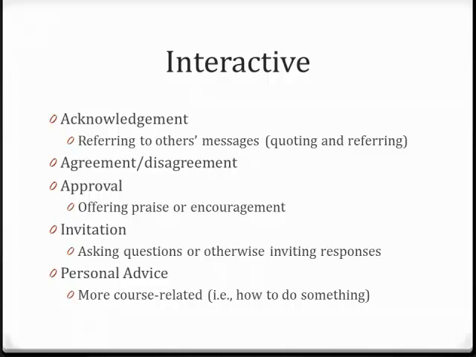This can also step outside of the course. You might give personal advice on how to do something within a classroom, for instance. These are the interactive indicators, and here again, using these types of behaviors in your posts theoretically leads to the reduction of that psychological distance.